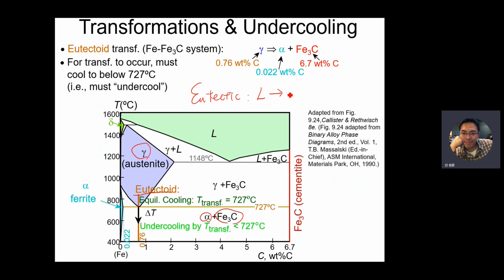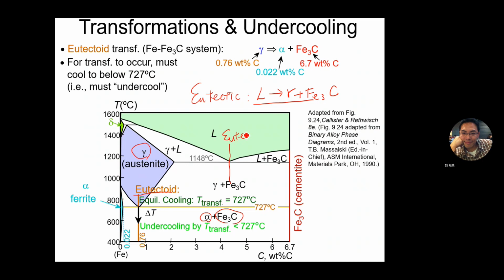In this case, the two solid phases are the gamma phase, which is austenite, and the cementite, right? Okay, so where is this reaction in this phase diagram? It's right here, right? Therefore, this reaction is the eutectic here.